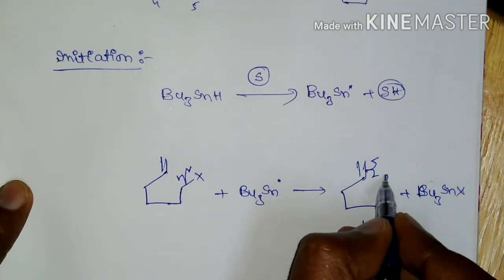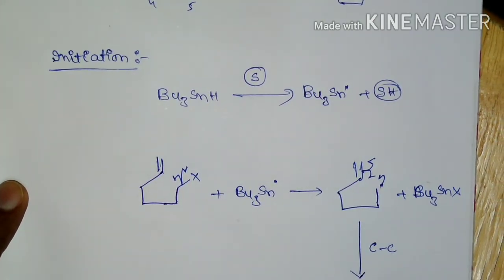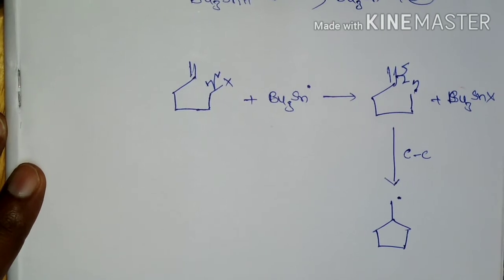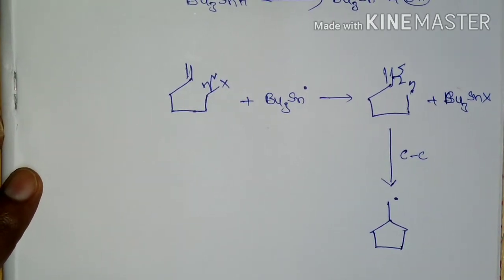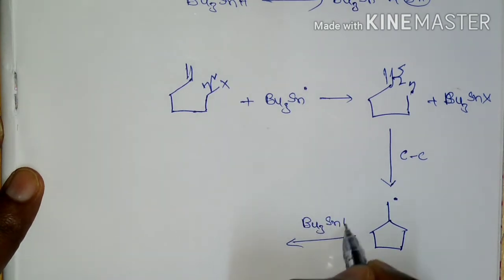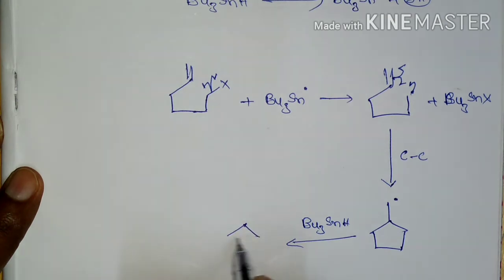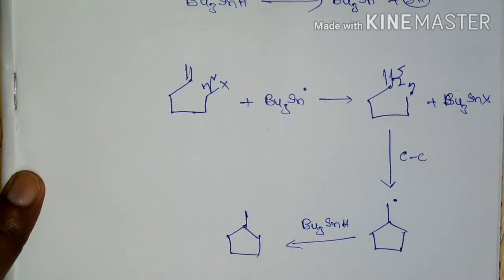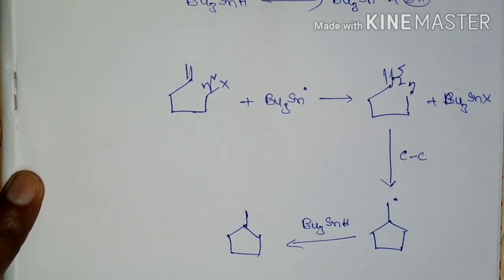That is, this free radical and this are going to combine and form a 5-membered ring with a free radical, and this is going to react with tributyl tin hydride, and we are going to get a 5-membered ring system. Okay, and this 5-membered ring system will be kinetically controlled. Similarly, with 6-halo alkynes, a similar mechanism will be followed.